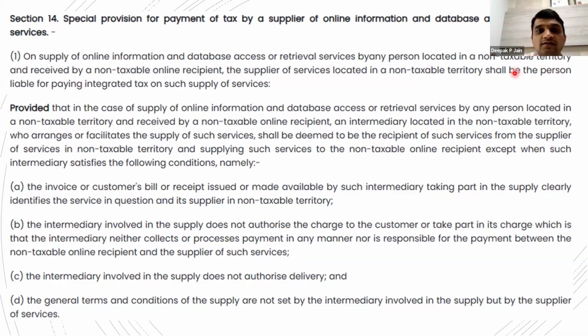Section 14 per se, OIDAR per se, overall can be in India or outside India. But Section 14 is narrowing it down, saying that if the OIDAR supplier is in a non-taxable territory, then Section 14 will apply. So from that perspective, if the OIDAR provider, Google, is in the US, in a non-taxable territory, and it is received by me, I am not registered. In that scenario, it is clear that Google has to pay tax on this OIDAR service.